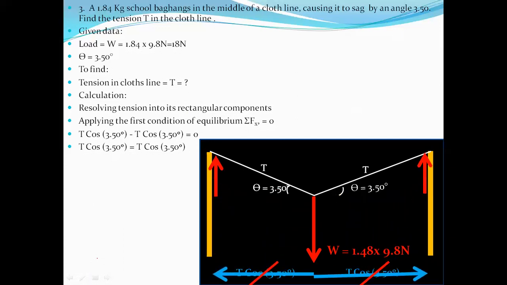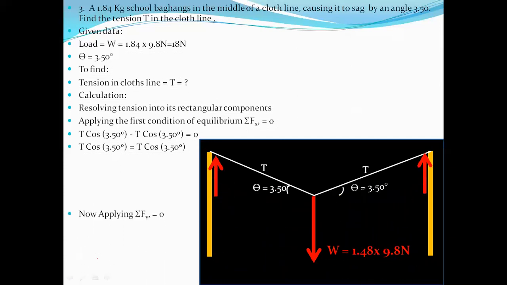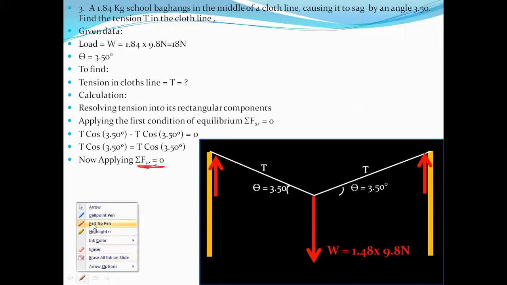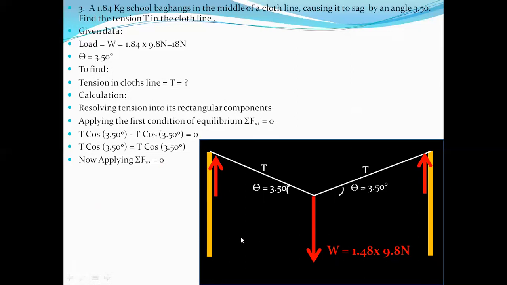Now about the vertical forces. Applying the first condition of equilibrium, the sum of all forces in the vertical direction is also equal to 0. For this, we only take the vertical forces, one upward and one downward. The downward force is because of the weight, which is 18 newtons.